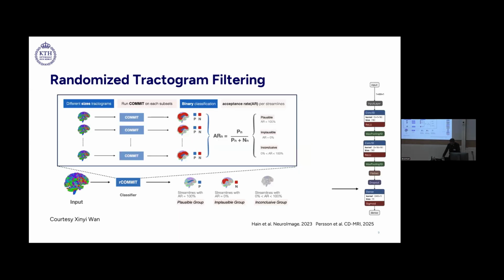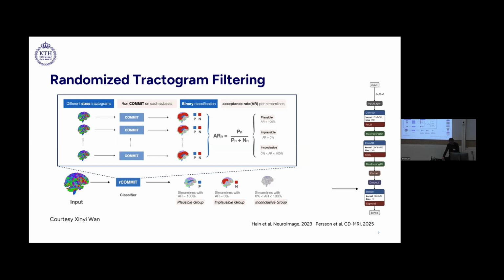So what we have been doing here is creating new methods for estimating these redundants. We developed a method that we call randomized tractogram filtering. There are two very good methods for filtering. One is called SIFT, and another is COMMIT.